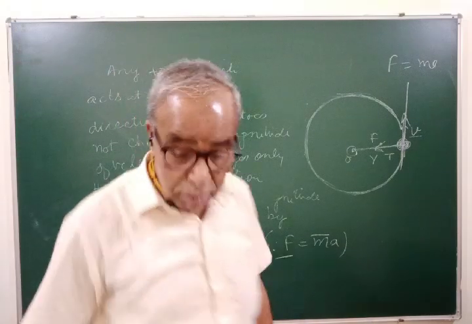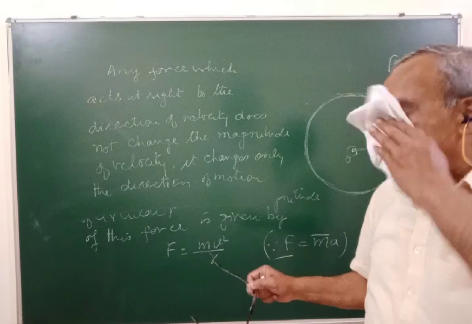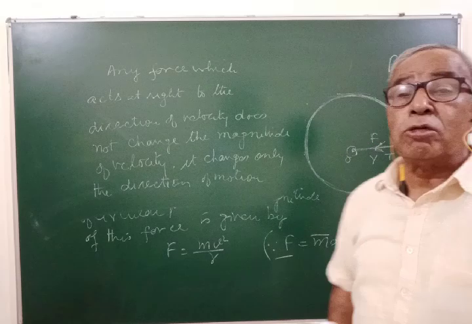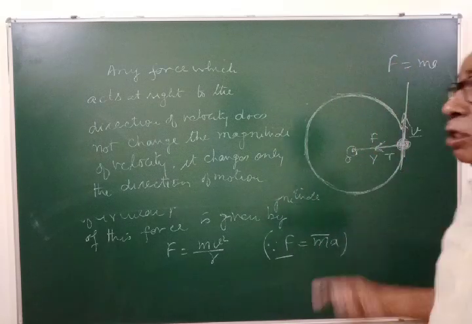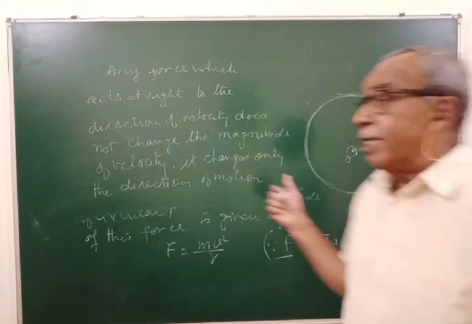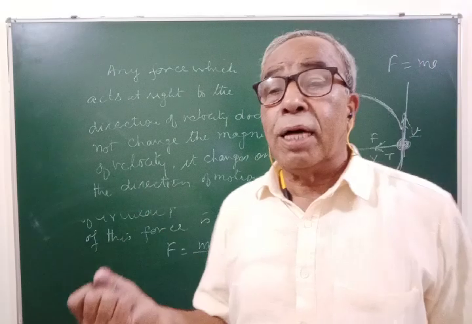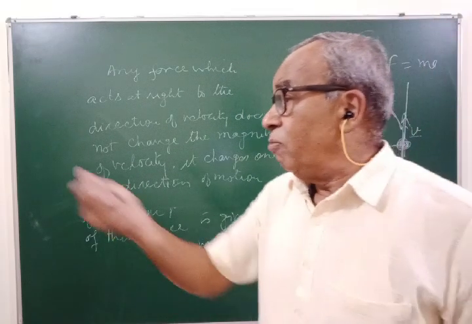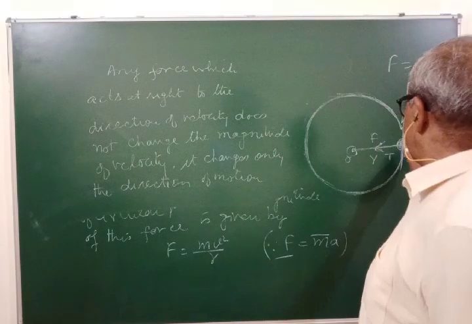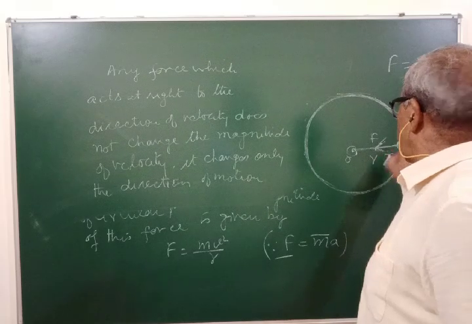I am saying again, this is a very important point, what centripetal force is. It is a required force. This force is required to change the direction of motion. It is not produced by itself. For example, I told you when we rotate a stone tied with the end of a string, holding the other end in our hand, then we pull the string inward and the body changes direction.